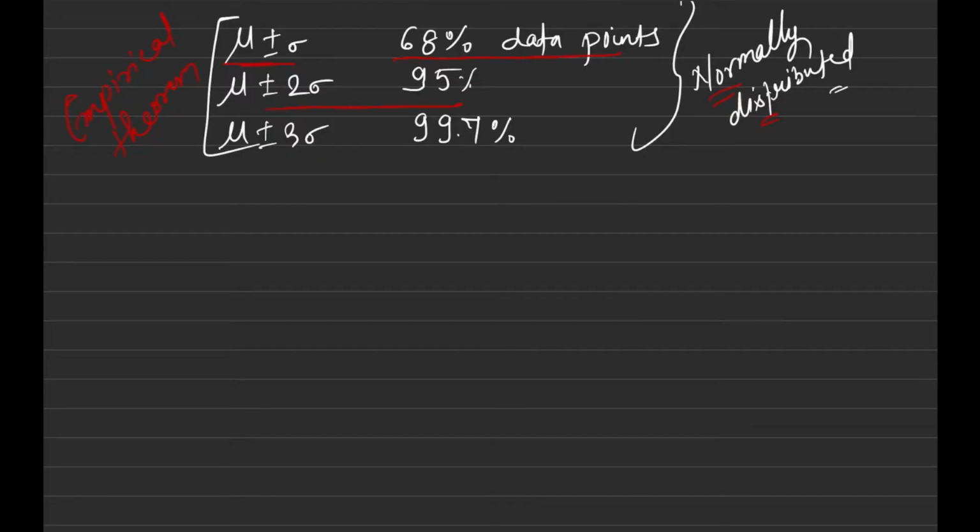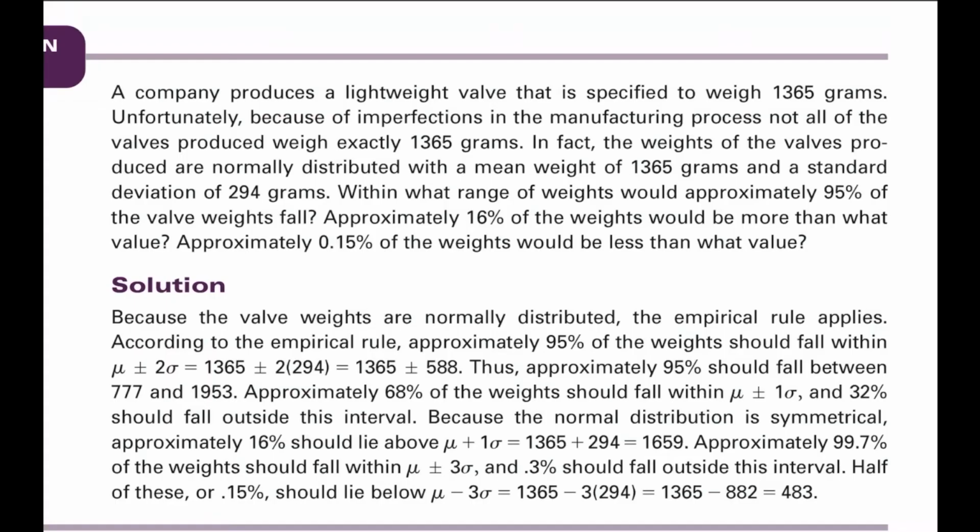If I translate this into a business problem, mu is equal to 1365 gram. Unfortunately, because of imperfection in the manufacturing process, not all valves weigh exactly this much. There will definitely be some error.